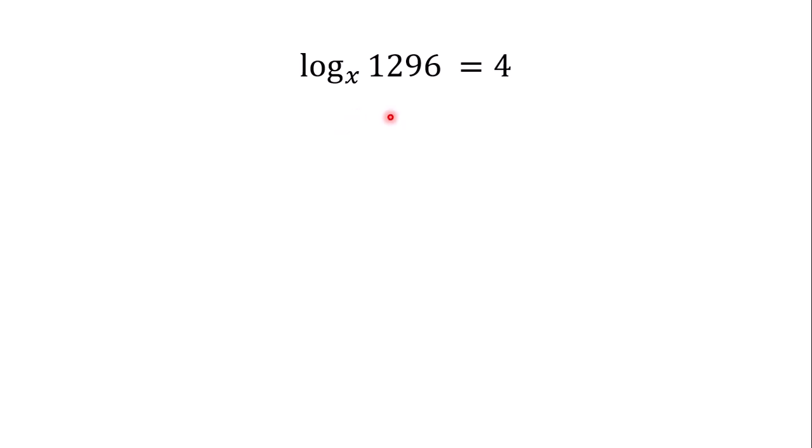Okay, so here actually this one will be equal to x raised to the power 4, but I'm going to show you how this log base x vanishes, in order to get this one remaining.